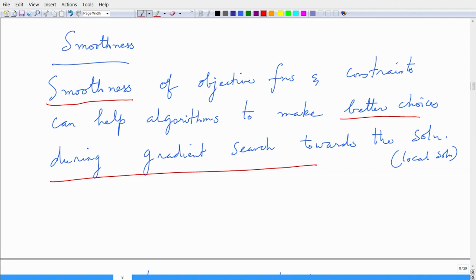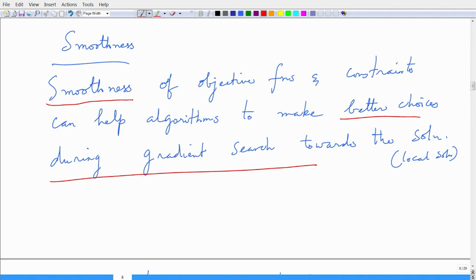Because I need to figure out the gradient of the constraint and gradient of the objective, and in the process of finding the gradient of the constraint, I land up into problems where I do not have derivatives well defined.